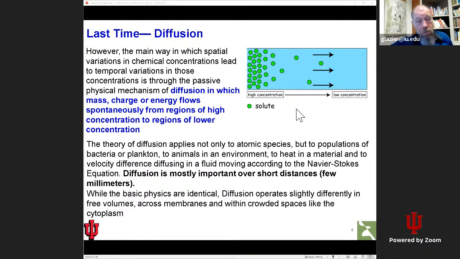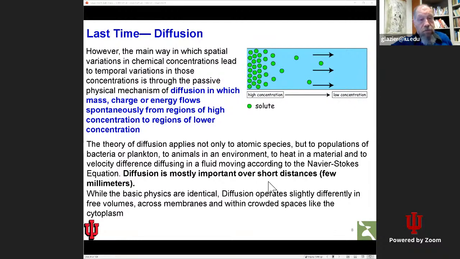And that is the entropic argument, if you're a physicist. And it leads to the gradual uniformity of the concentration. And we'll talk quite a bit as we go through this lecture on diffusion and its role as a function of length. And something that we're going to say again and again is that diffusion is mostly important over short distances.